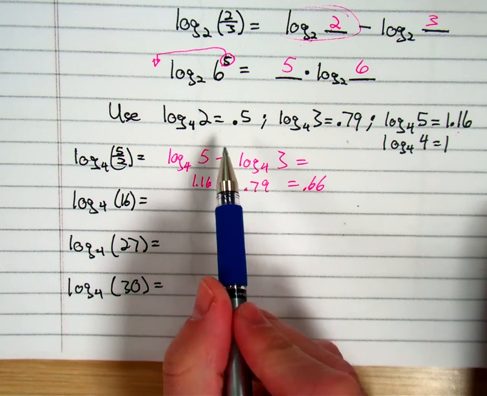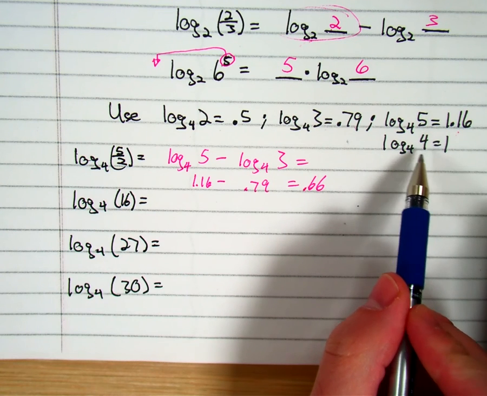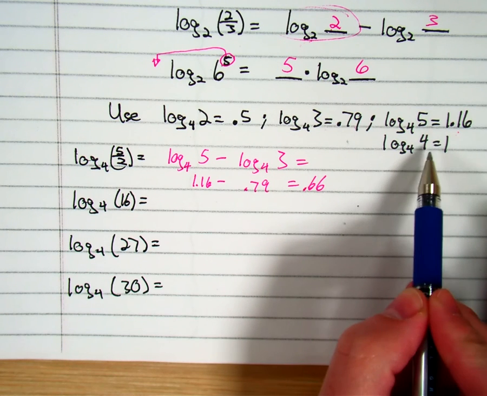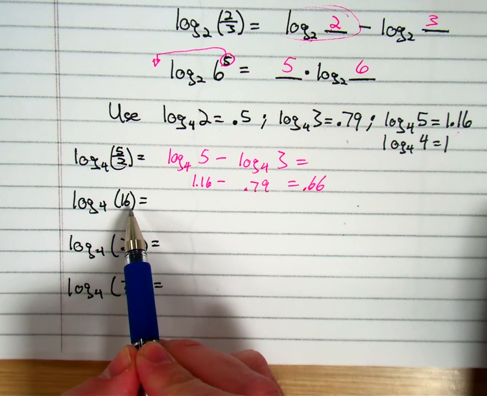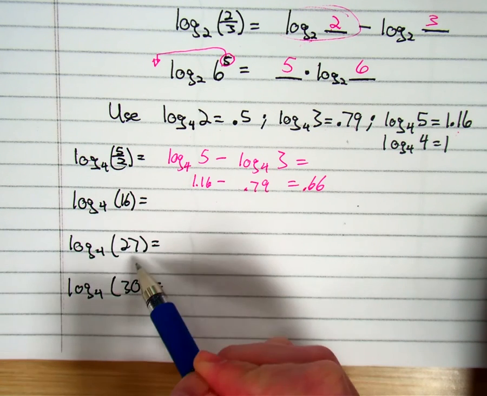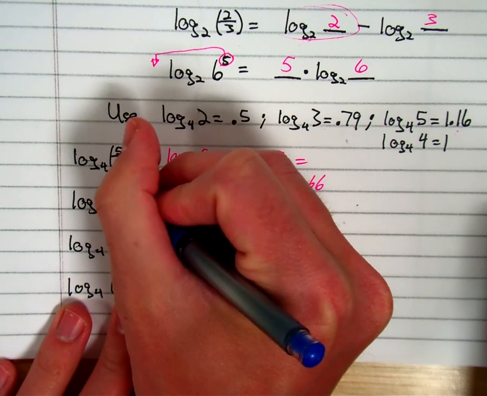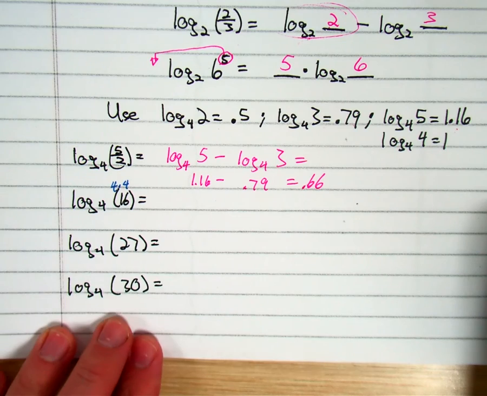I have the 2, but I don't have the 8. I could go 4 and 4. We could do that. You could even go with the power property, 4 squared, and bring the 2 down in front. We'll use that in the next one. Let's just go with 4 times 4. We're going to consider 16 as 4 times 4, just so we can work on the product property here.